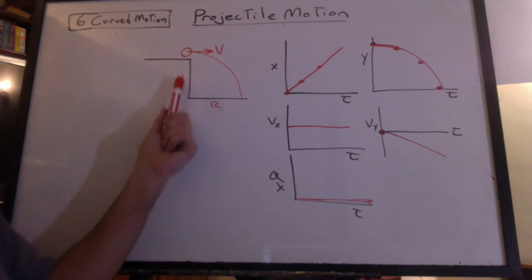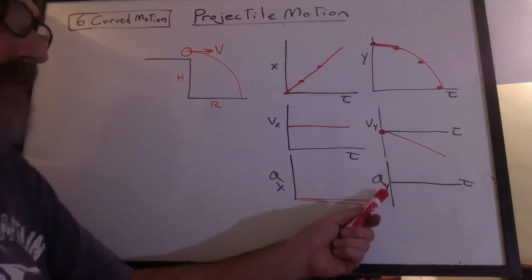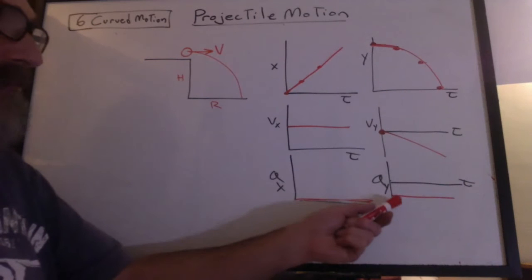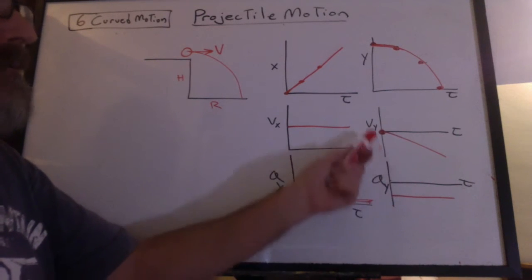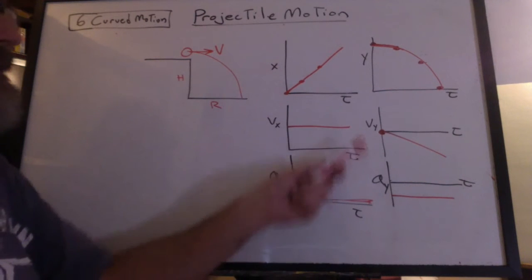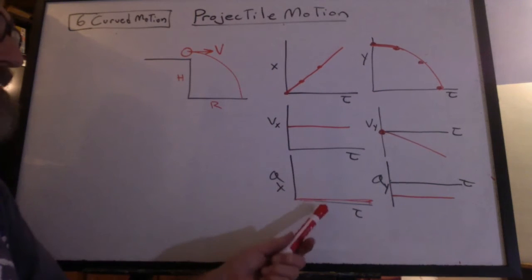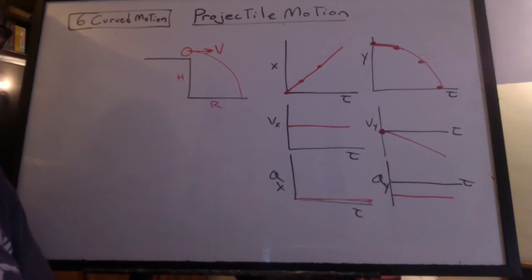It's going to be falling faster and faster. And the acceleration versus time in the y direction, that of course has to be negative 9.8, which would agree with the negative slope of this curve. There's nothing new here in graphing motion for projectile motion. It's just that we're doing it in one dimension and then a second dimension.